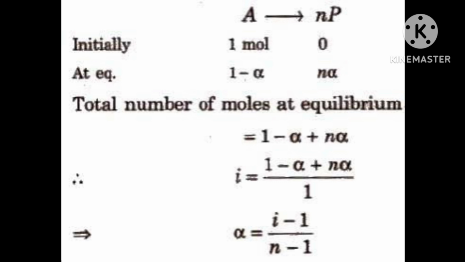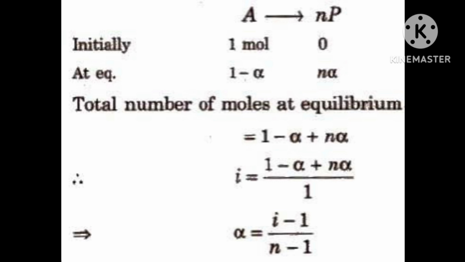If x mole is associating, then 1 minus x, 1 means full, 100%, like that you can consider. Then x mole of benzoic acid is associating, then 1 minus x will be unassociated. This is the first concept.